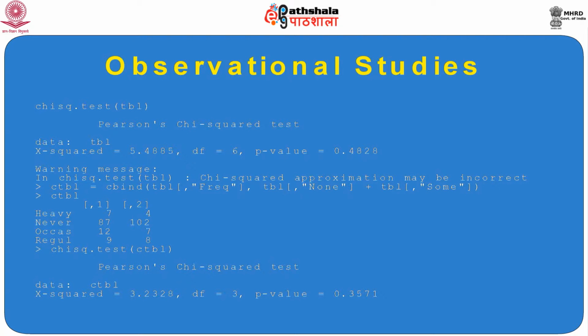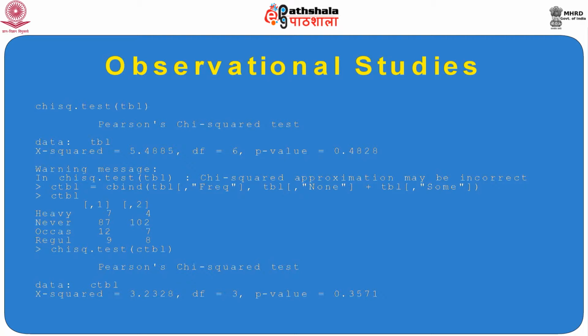So now we correct the table, calling it CTBL, and the cbind function is used to combine TBL with frequency, TBL with none and TBL with some. Now the table is formed as CTBL with the first column as heavy, never, occasional and regular, and the second column as 1 and the third column as 2 for exercise yes and no, and the corresponding figures are given like 7, 4, 87, 102, 12, 7 and 9, 8.